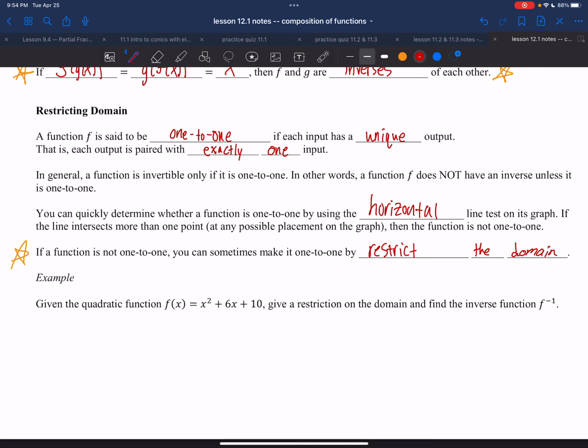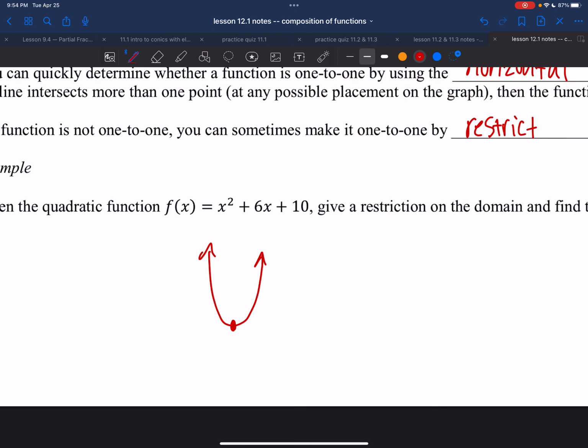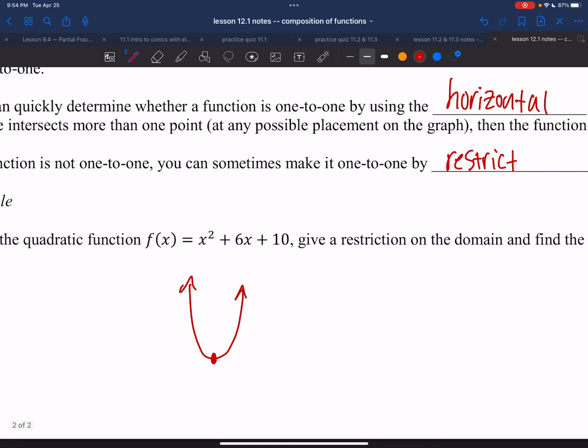I just showed you that this parabola is not 1-to-1. However, parabolas are symmetrical about this, and we do know that x squared versus square root x are inverse functions. We did explore this towards the beginning of the semester when we talked about radical functions.